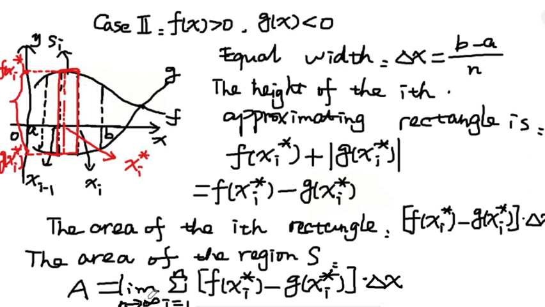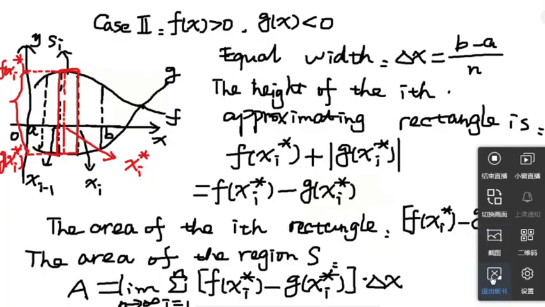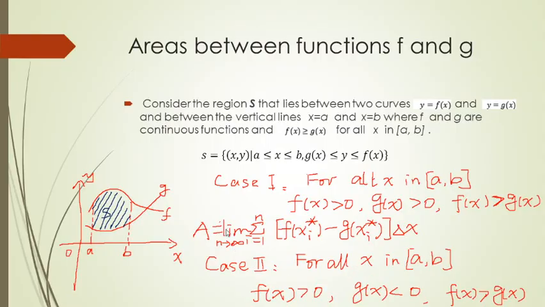So you will notice that case 2, when function f is positive and g is negative, is the same formula as case 1 when both functions are positive. So let's come back here. This is case 1, when both functions f and g are positive.